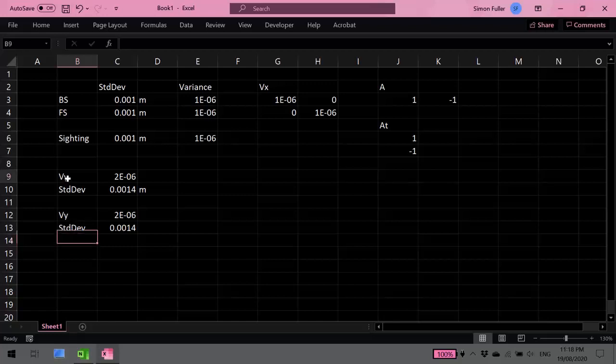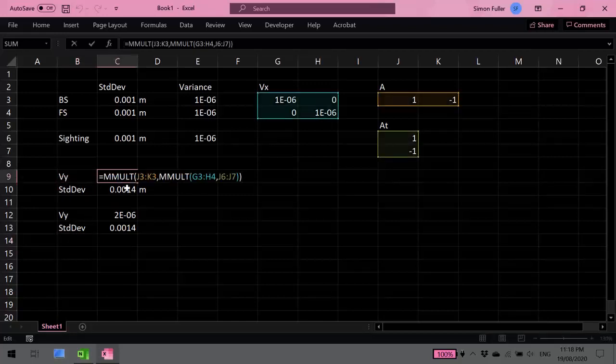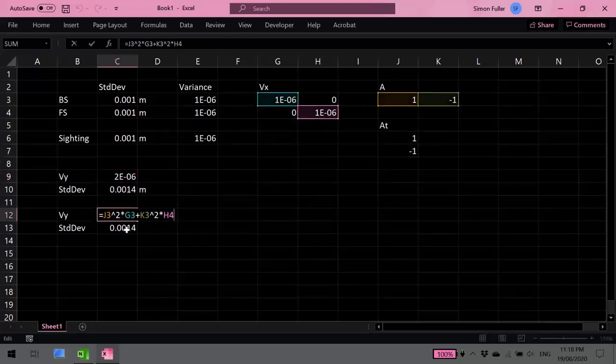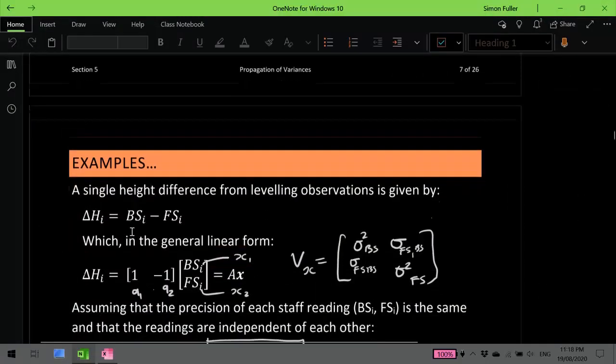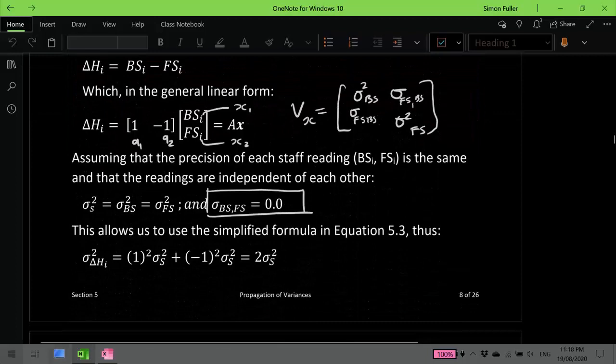And we looked at how to do it the long way using the full-on matrix multiplication method and doing it with the shortcut formula we saw in the notes when we have uncorrelated measurements. So we have determined that variance down here and then the standard deviation.